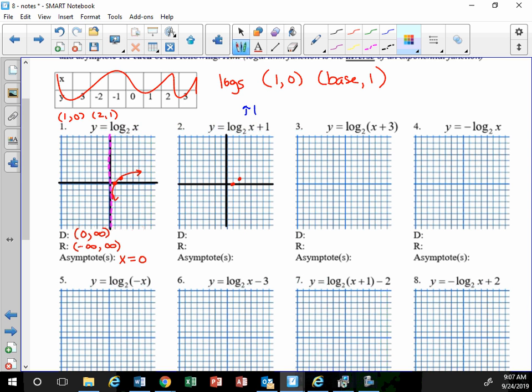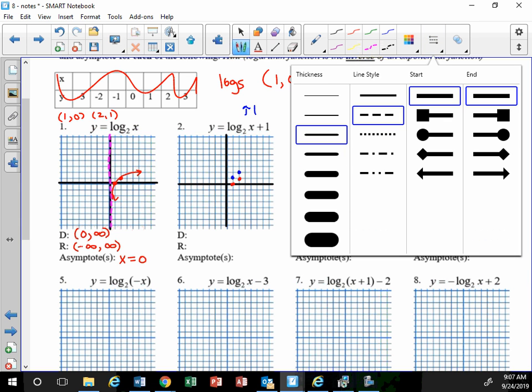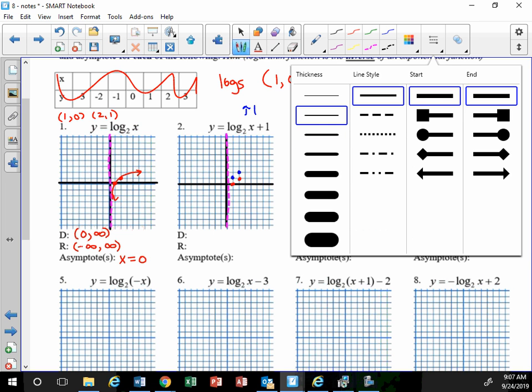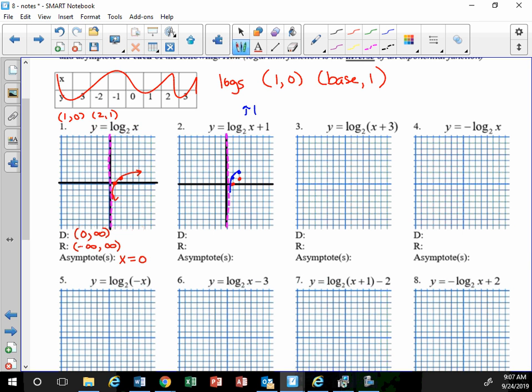So I'm just going to take each dot and move it up 1. Does my asymptote change? No, it is still going to be right there. x equals 0. So there's your graph. Domain is still 0 to infinity.